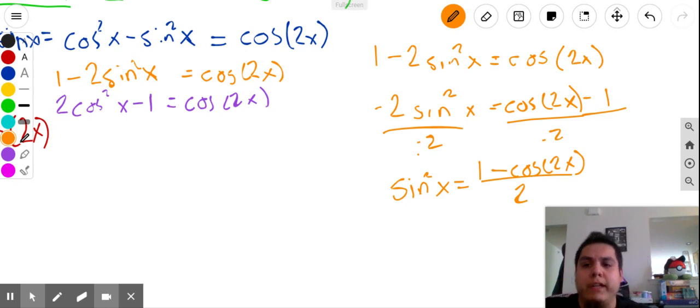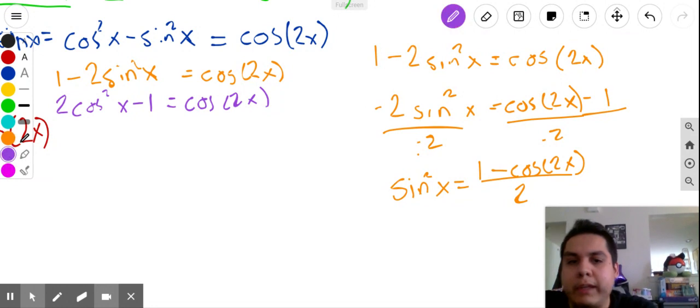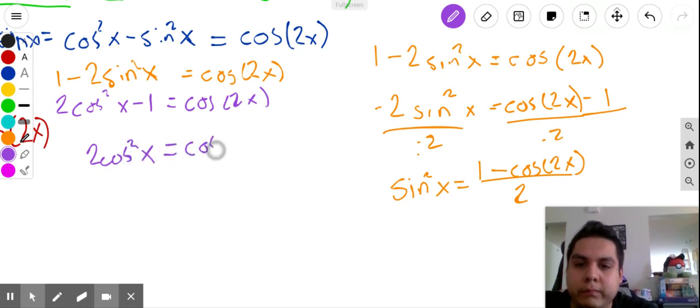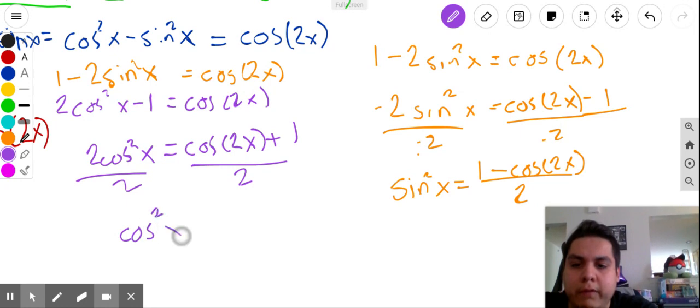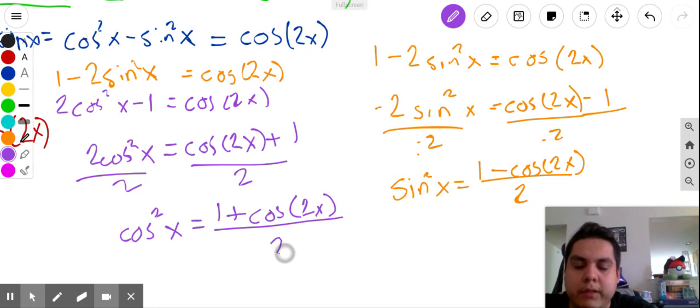And in a similar fashion, if I take the purple identity and solve for the cosine squared, we can get a cosine version of this. And just to keep the structure similar, I'm going to choose to write this as cosine squared of x should be the same as 1 plus cosine of 2x divided by 2.